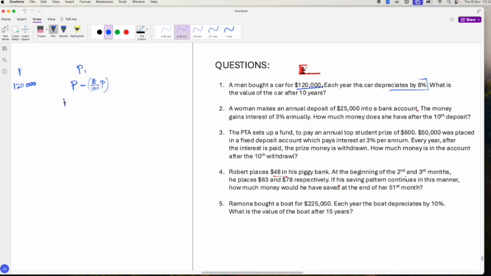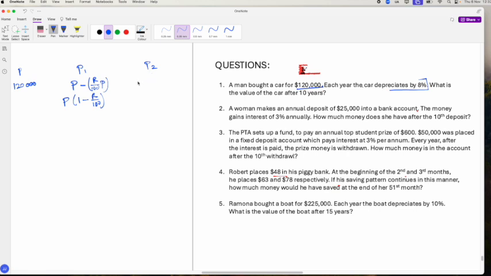And so we will now have P into 1 minus, and we wouldn't use 8 yet, we could use R over 100, right? Because we are looking for a formula in terms of R. So an R percent, right? After the second year, the car will depreciate again.